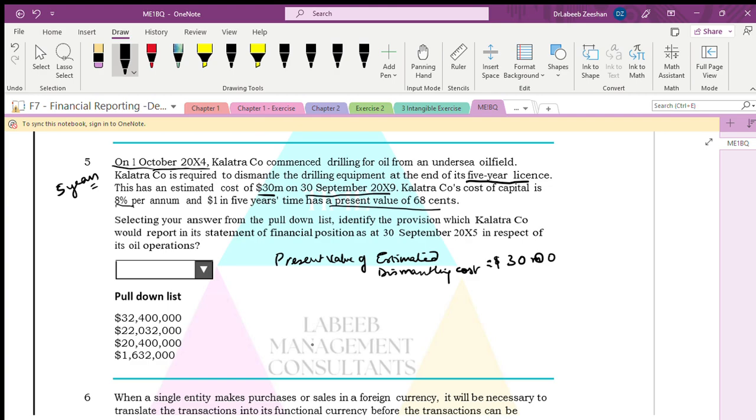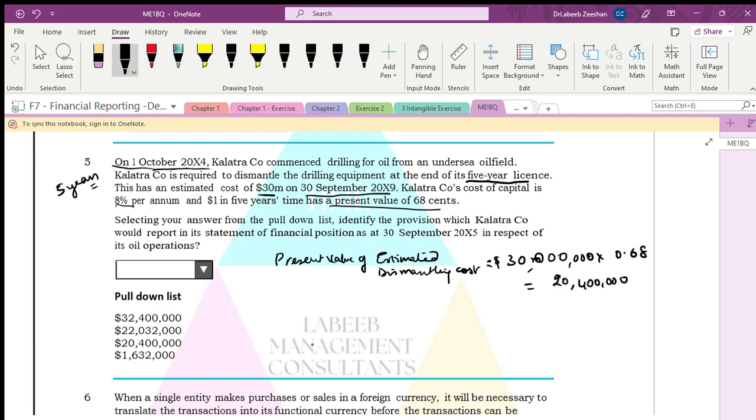I will take 30 million times 0.68, and you will get the present value. The present value is 20,400,000.